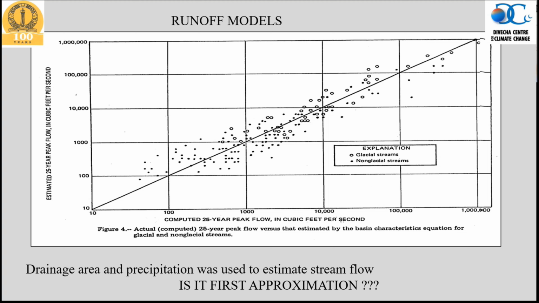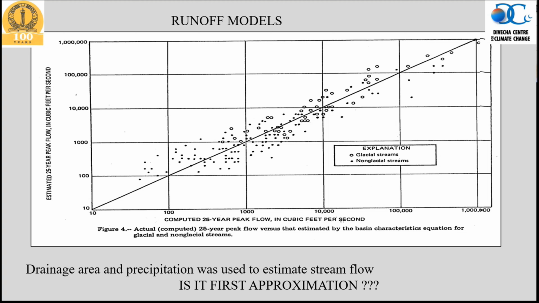One of the earliest ideas, which was used in the Himalaya until very recently: you use the drainage area and precipitation to estimate the stream flow. You can simply correlate the amount of precipitation with runoff.